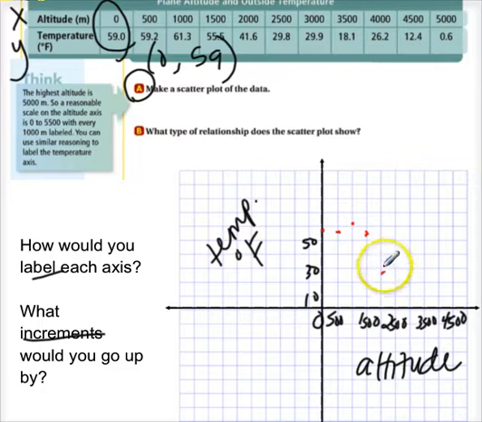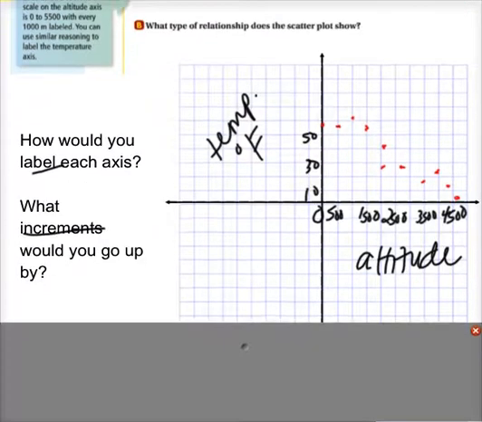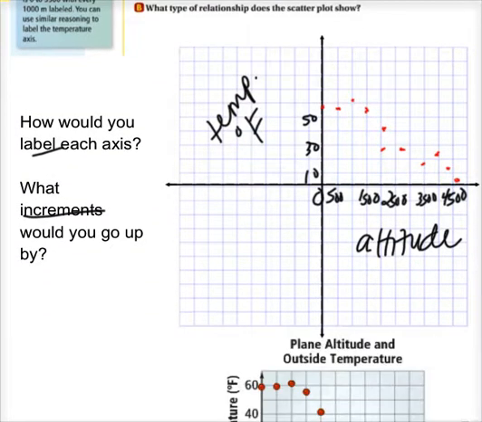Oh, sorry, nope, 41. The next one, 3,000, is 29. 3,500 is 18. Then 26, 12.4, and 0.6. All right, so I have my points plotted on my scatter plot.